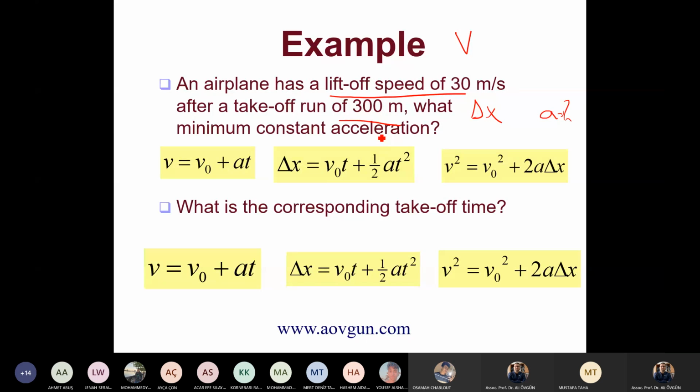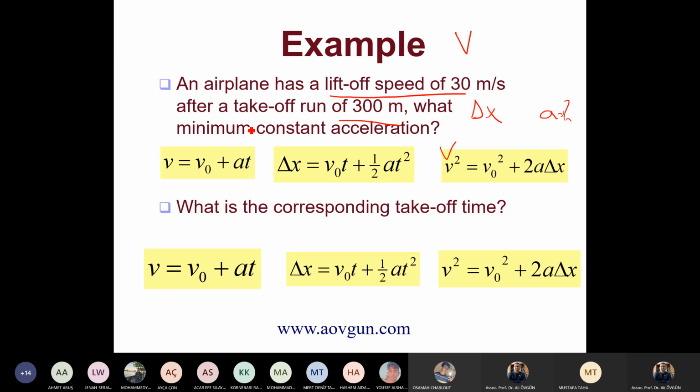So how can you calculate it? Which equation is suitable? You are going to find a, but you don't know the time. So equation 3 is suitable to solve it.